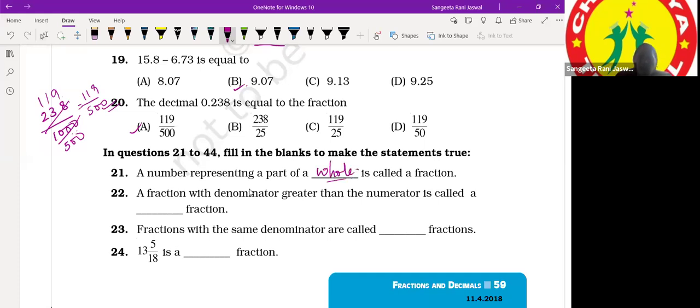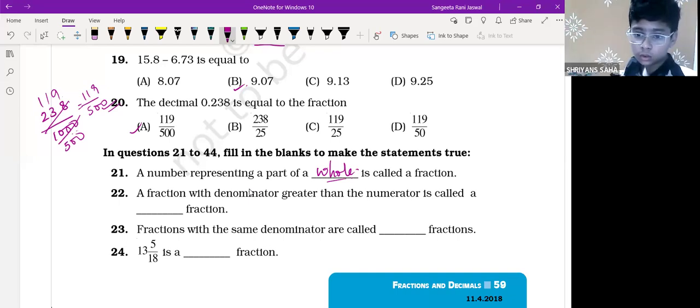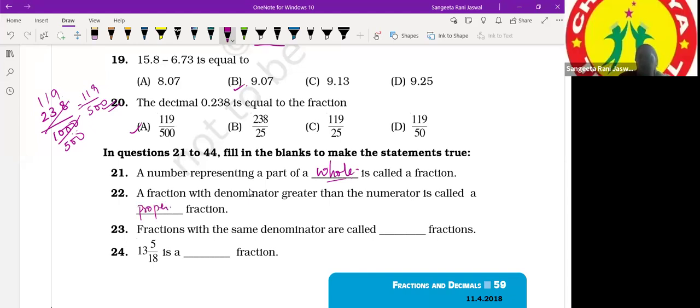Okay, next one. A fraction whose denominator is greater than the numerator is called a dash fraction. Shreyansh? Proper fraction. Fractions with the same denominator are called dash.